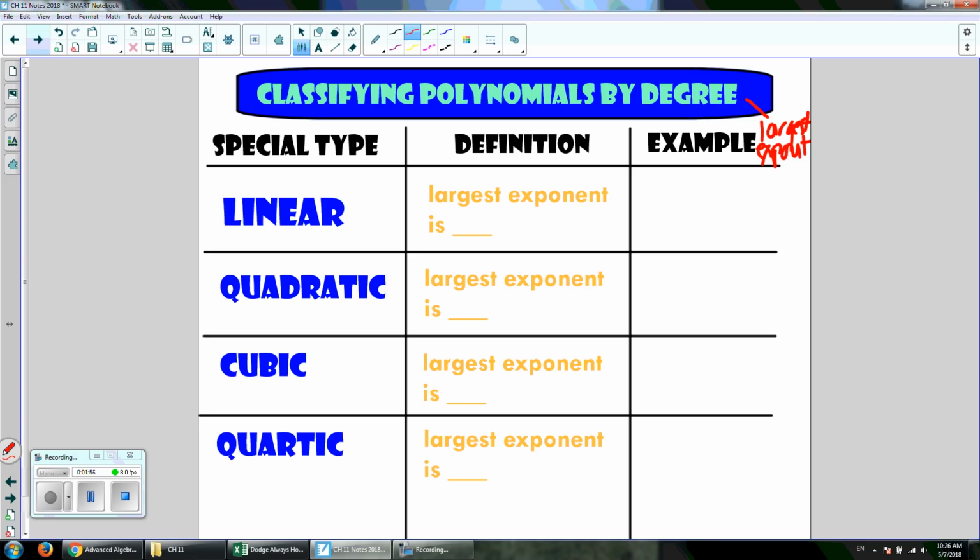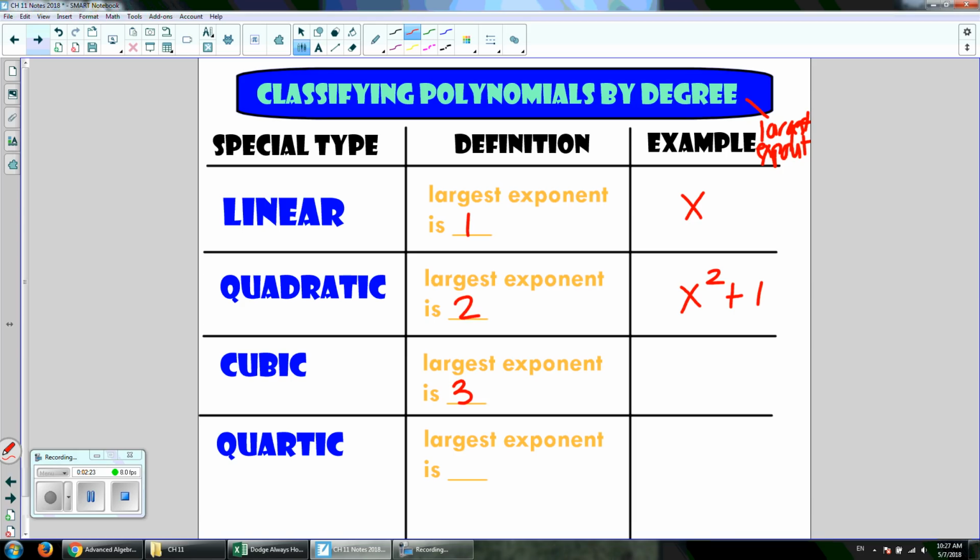Largest exponent. So if it is linear, that means the largest exponent is 1. So that should make sense. So an example would be just x. That would be a polynomial of degree 1 or linear. Quadratic would have the largest exponent to be 2, so that would be an x squared for your largest exponent. I might have a plus 1 after that, meaning x squared is still my largest, making that quadratic.